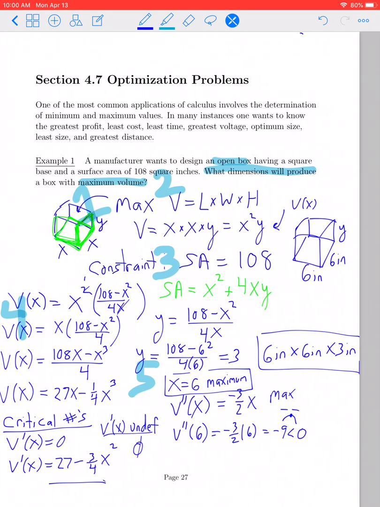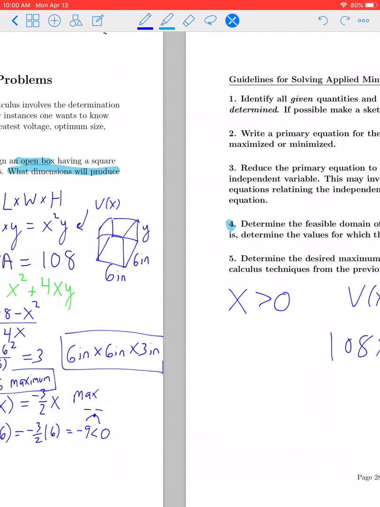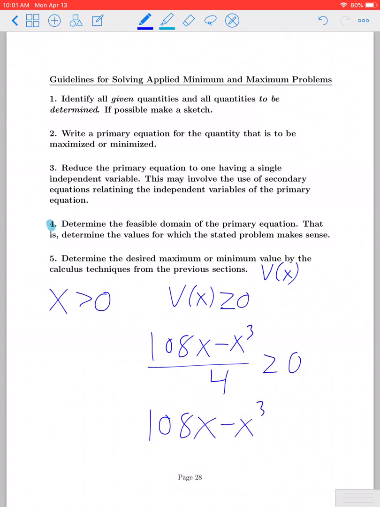V was 108x minus x cubed, divided by 4. This has to be greater than or equal to 0. If I multiply both sides by 4, I get this inequality: 108x minus x cubed has to be greater than or equal to 0.